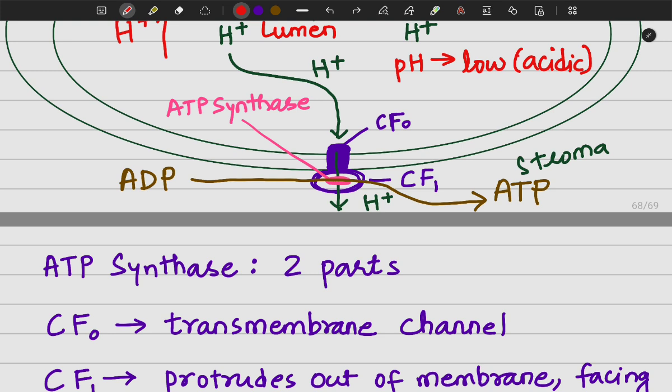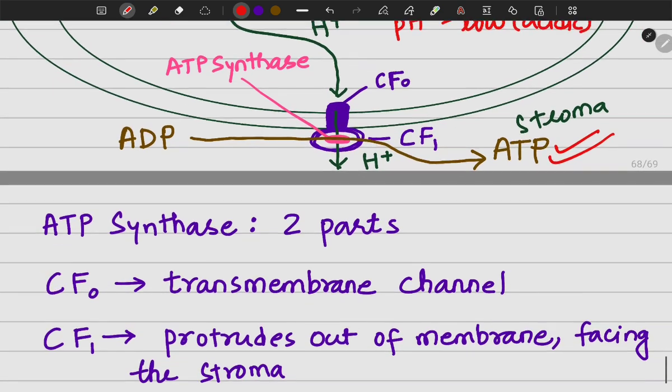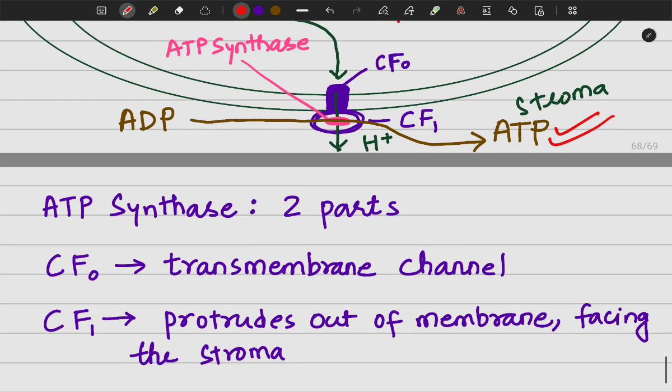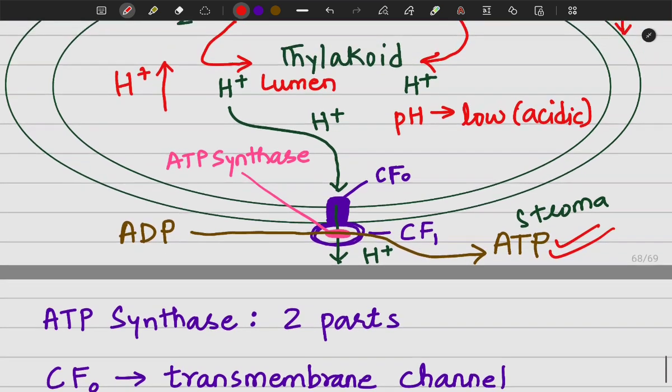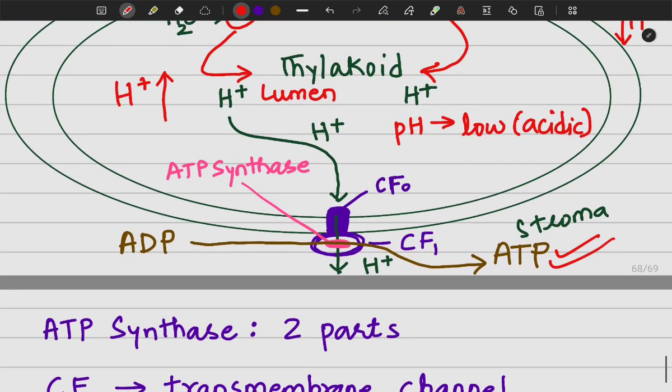Now this enzyme consumes this energy, becomes activated, and converts ADP to ATP, and that is how the ATP is formed during the light reaction of photosynthesis. Alright, so I hope it is clear to you now what the chemiosmotic hypothesis is and how the ATP is formed according to it.